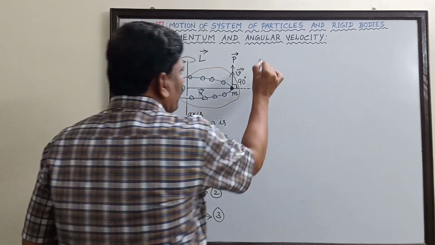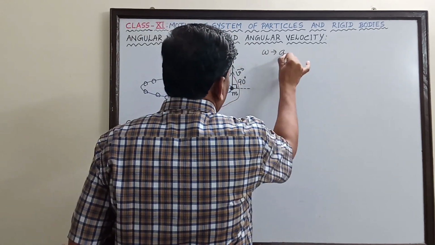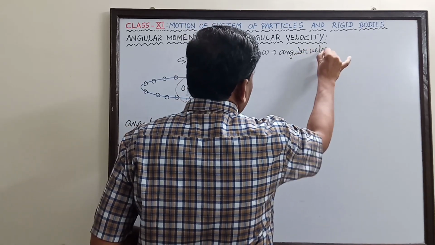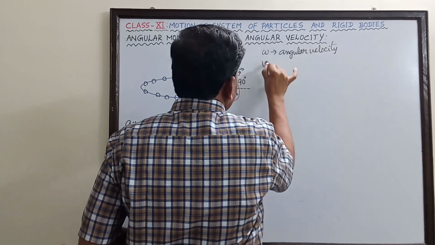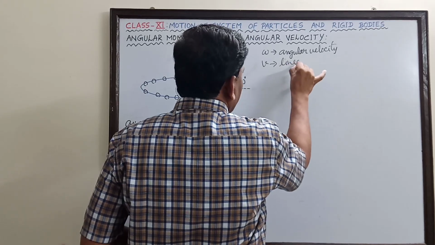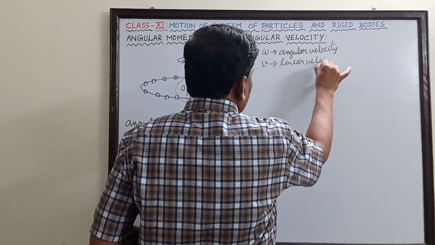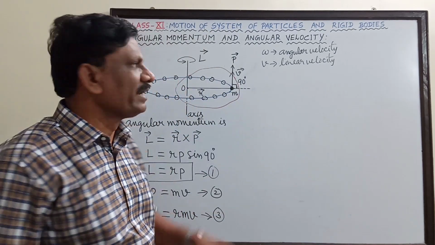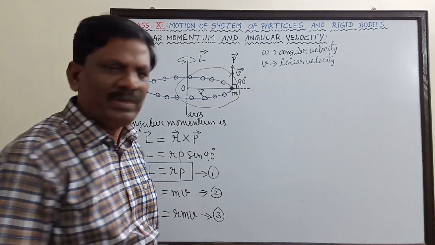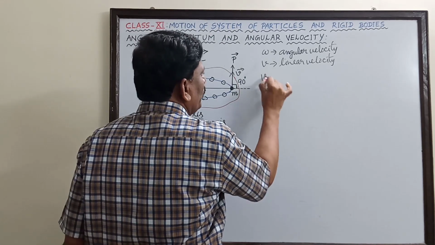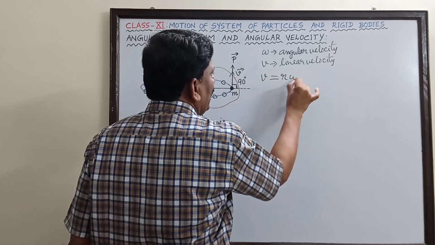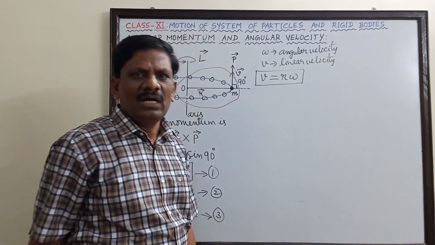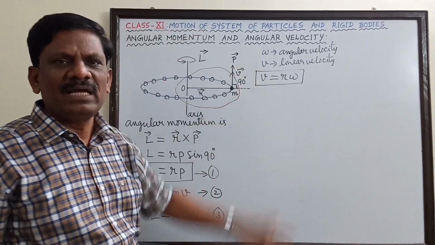We have already derived in the chapter on kinematics that there is a relationship between v and omega, and in magnitude v is equal to r omega. The linear velocity is equal to the radius times the angular velocity.